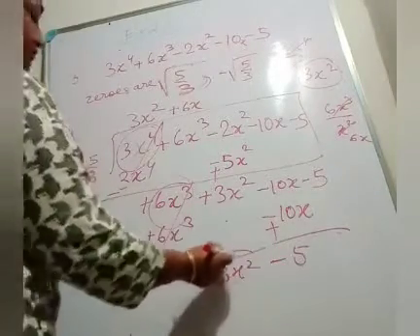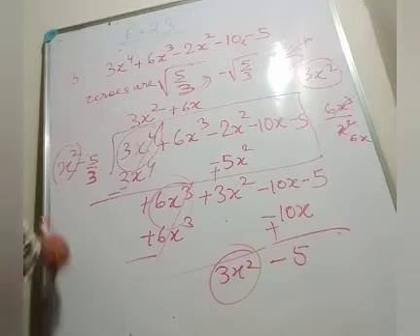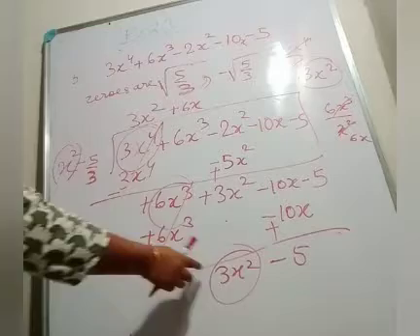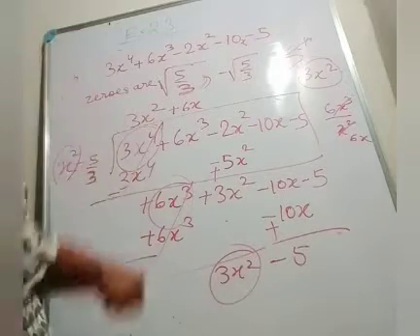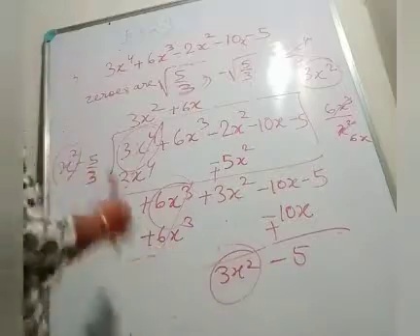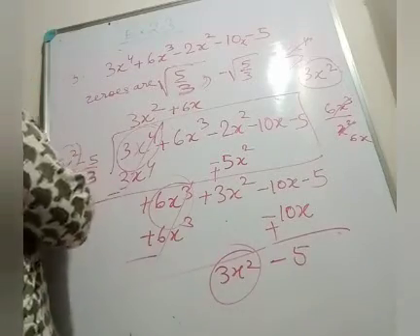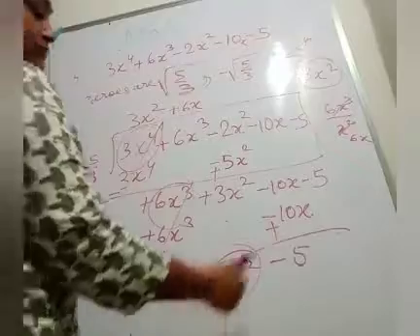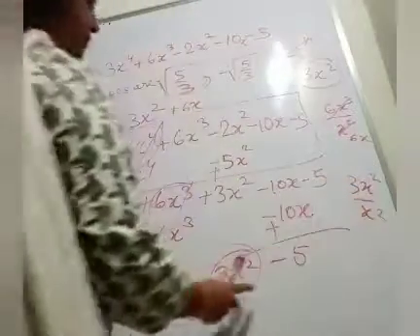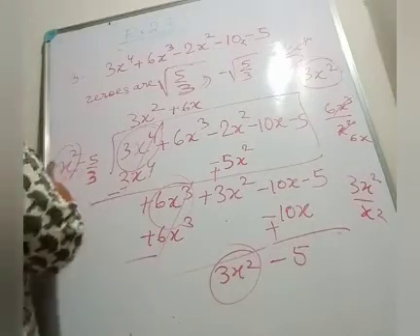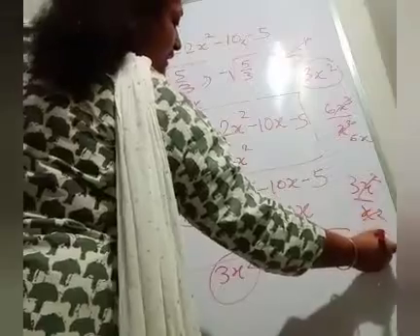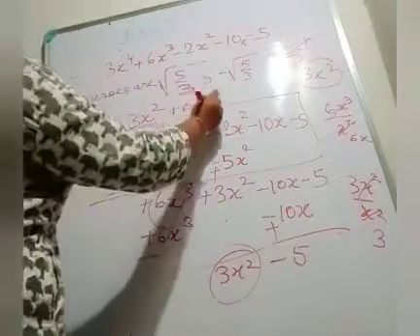Now take the first term of the 3x square and the first term of the divisor. The degrees of the divisor and the remainder are the same, so we can proceed for one more step. Let's divide 3x square by x square, the first term of the remainder by the first term of the divisor. We will get the new quotient as plus 3.